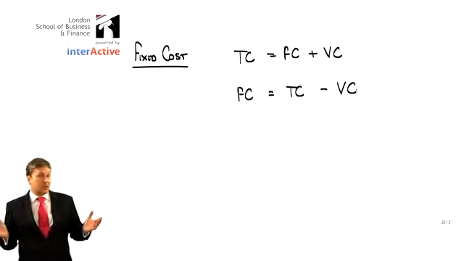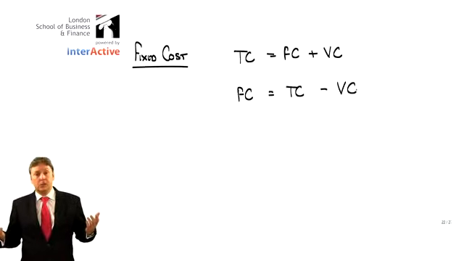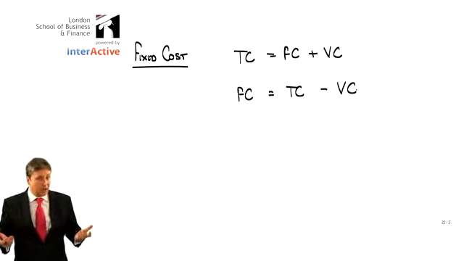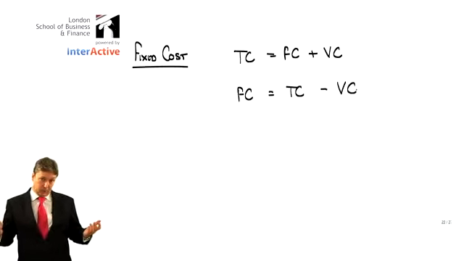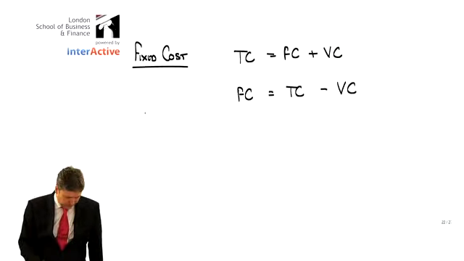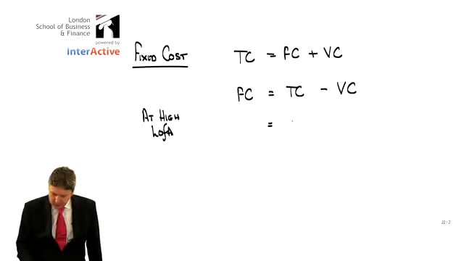Now, for two levels of activity, we know the total cost, the high and the low. And we're able to calculate the variable cost at either of those. So using that, all we have to do is this. Let's just take it at the high level of activity. You don't have to, but let's just do it that way. Couldn't we simply say that the total cost is going to be 210,000?